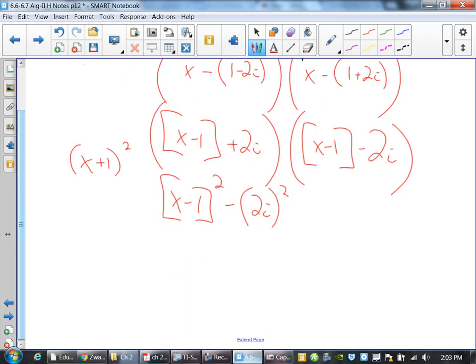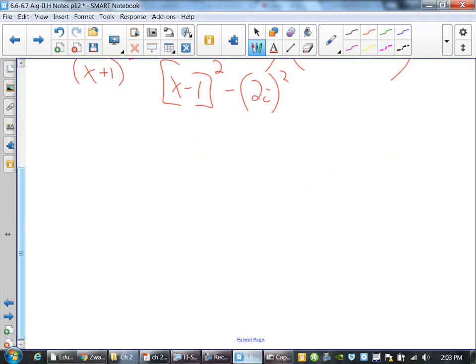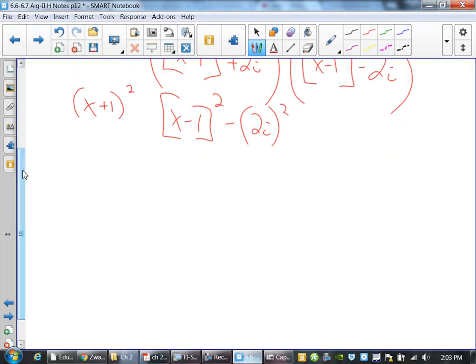Obviously, we still have this x plus 1 squared right up here. Okay. So what we do here is we FOIL out this, and to that, I have to subtract 4i squared. What's i squared? What's negative 4 times negative 1? 4.